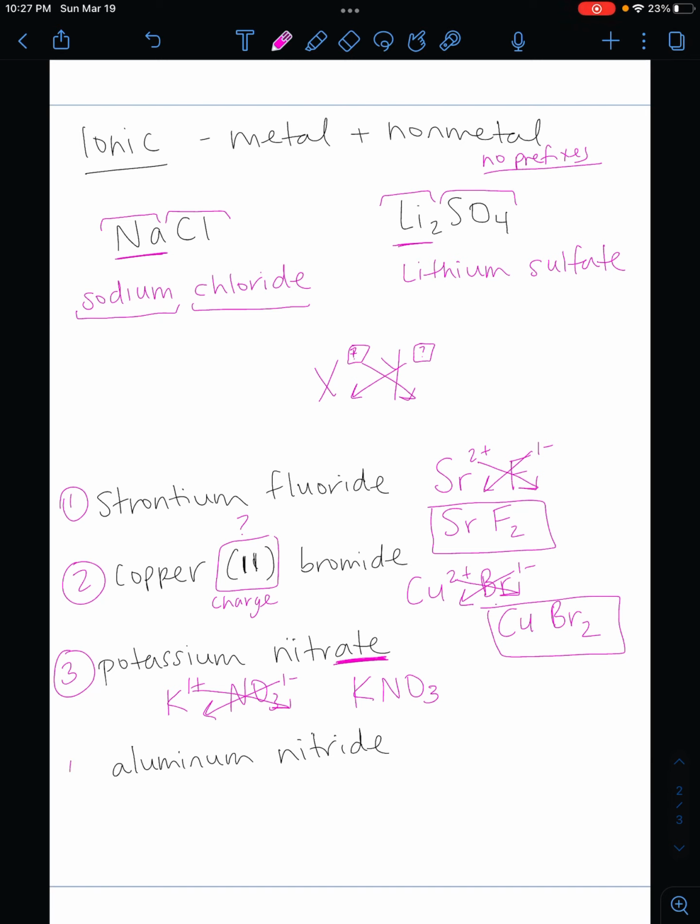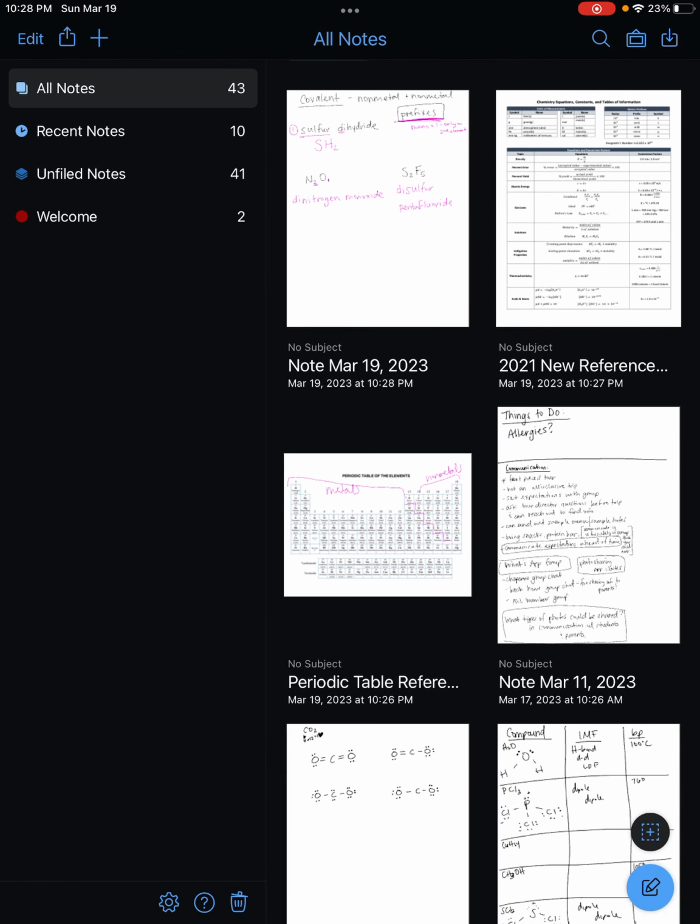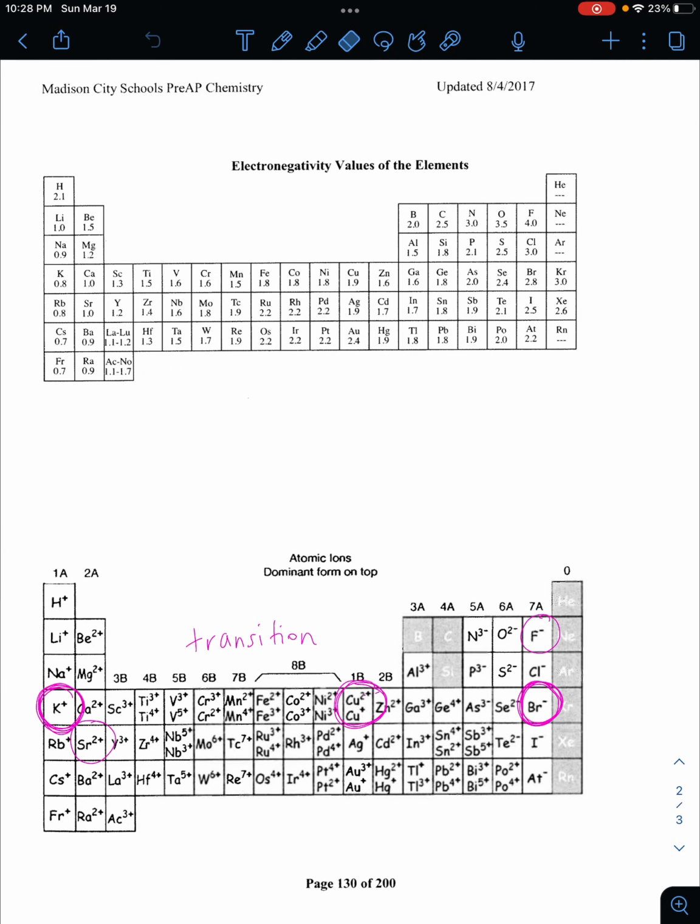Okay, for our last example, we have aluminum nitride. So again, we're back at our periodic table. This is nothing fancy. So we have Al, and then we have our nitrogen. So I need to go look and find my charges. So let me just erase some of this so it's not confusing.